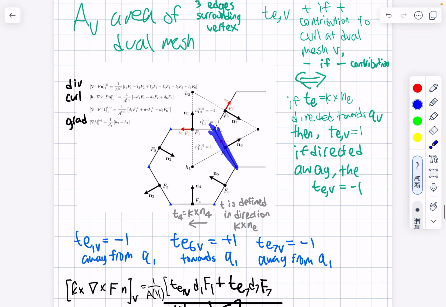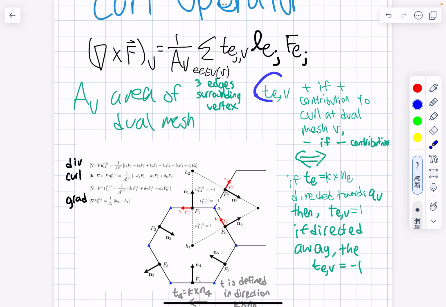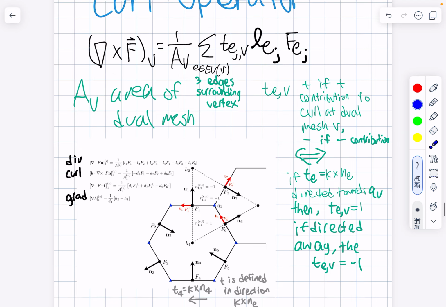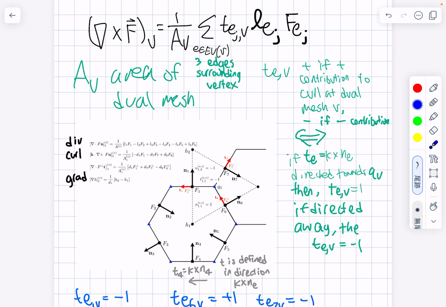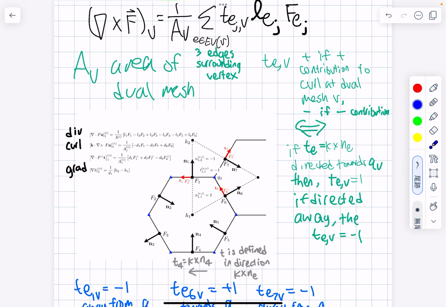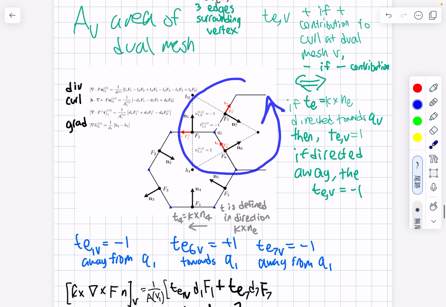And the way we define T is the contribution to the curl. If it's a positive contribution to the curl, so if the curl is positive, it goes this way. If it goes towards Q1, we say it's positive, and if it goes away from this vertex, it's negative.